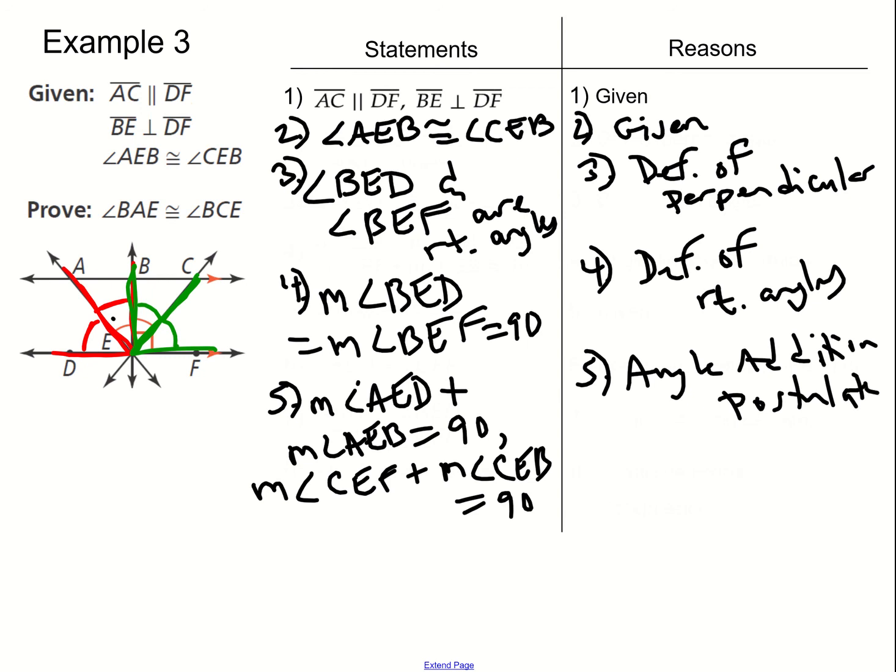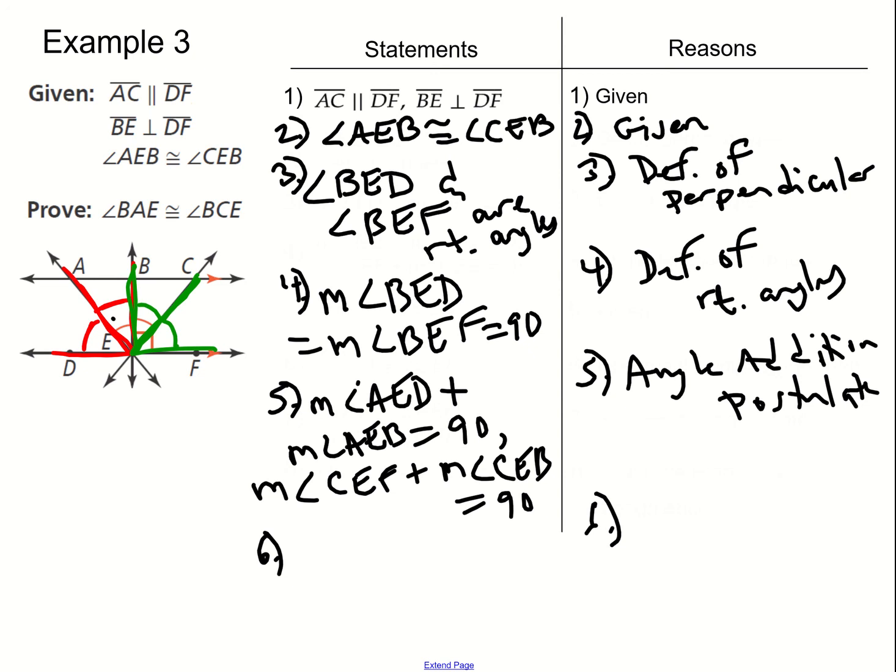All right, so now we're on to step 6. So now we got the angle addition postulate out of the way. We can use another theorem that we used in another lesson, known as the congruent complements theorem.